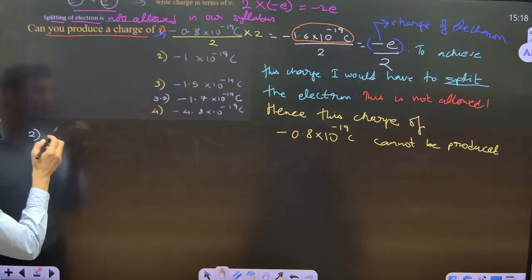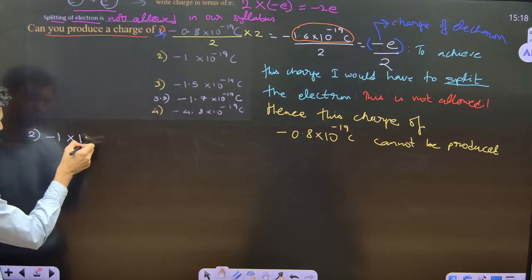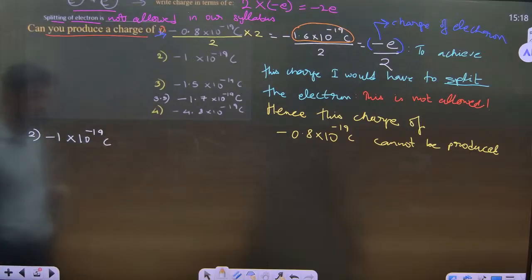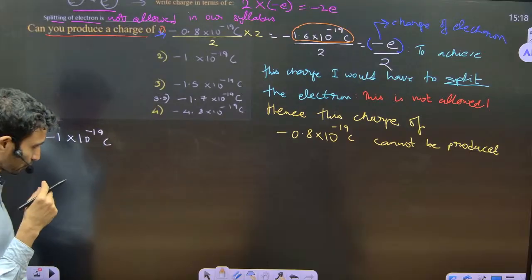Which is minus 1 into 10 raised to the power minus 20. Can this charge be produced? Tell me.